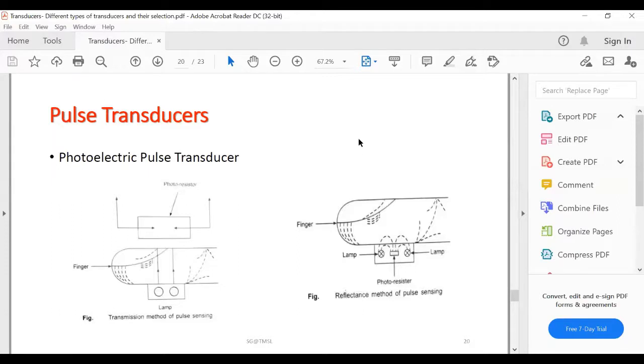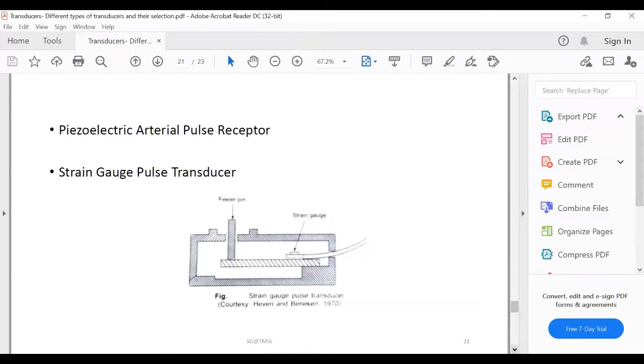There are three techniques to measure the pulse pressure. One is the photoelectric pulse transducer, another is the piezoelectric arterial pulse receptor, and another is the strain gauge pulse transducer.